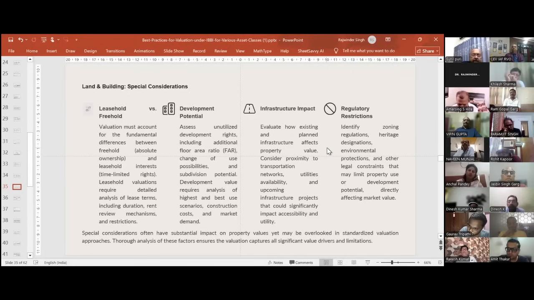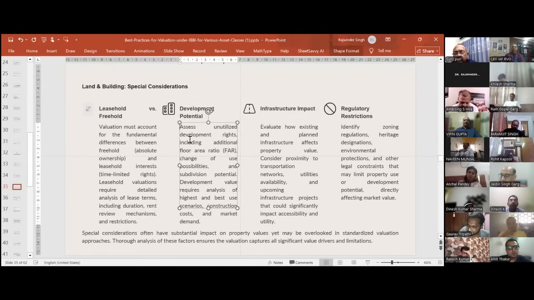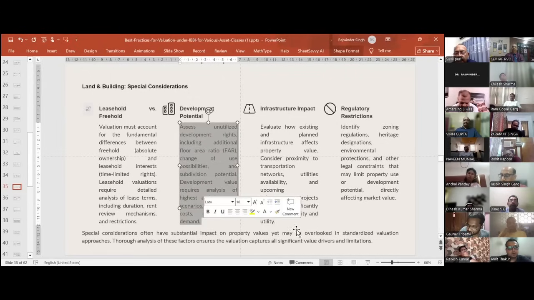In that case, when you are doing valuation where full FAR has not been used, you can assess the unutilized development rights, including additional floor area ratio, change of use possibility, and subdivision potential. Development value requires analysis of highest and best use scenario, construction cost, and market demand. So this development potential is to be taken into consideration while doing valuation.